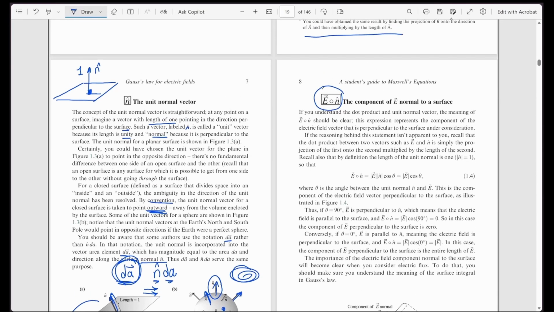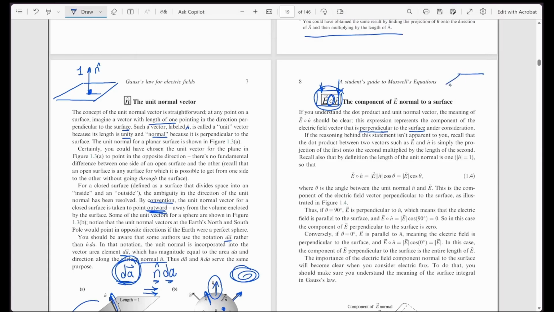So we saw what an electric field is, we saw the unit normal, and we saw the meaning of the dot product. Now let's discuss this as a whole. If you understand the dot product and unit normal vector, the meaning of E dot n hat should be clear. This expression represents the component of the electric field vector that is perpendicular to the surface under consideration. So why is it saying perpendicular to the surface?